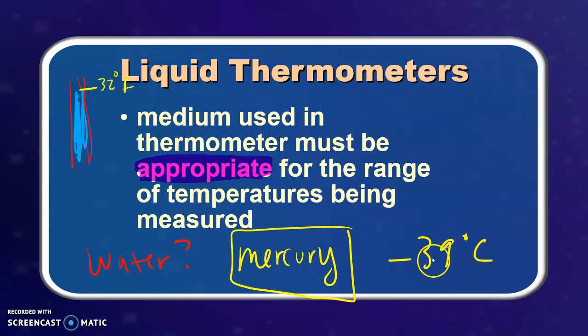Because it freezes at this very low temperature, we can't use it for super low temperature situations. But this is very commonly used in most liquid thermometers, because where on earth do we usually get to negative 39 degrees?